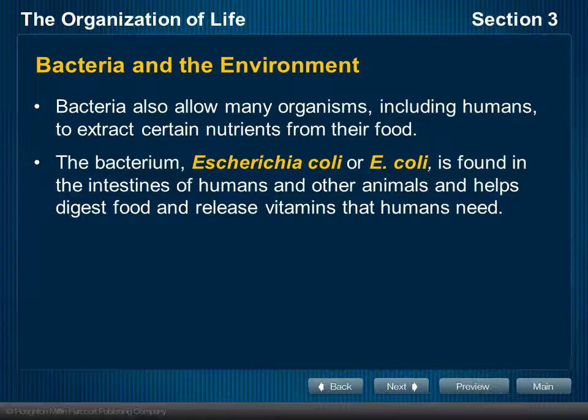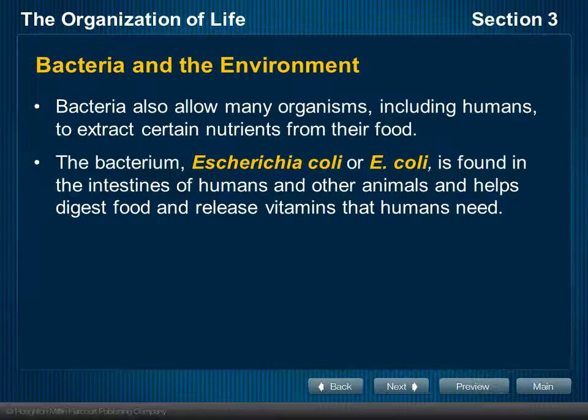If you've ever been on an antibiotic for an infection, you recognize this, even though you may not have known what's happening. One of the common side effects of antibiotics is diarrhea, and that's because you take an antibiotic to kill bacteria, and specifically you want this antibiotic to kill the bacteria that's causing the infection, but very often the antibiotic will kill the normal flora or the normal bacteria in your body, and it will kill the bacteria in your gut, like the E. coli, and that will cause you to have stomach symptoms.